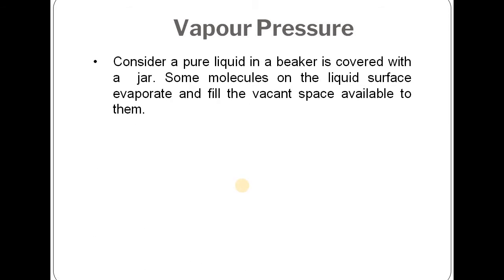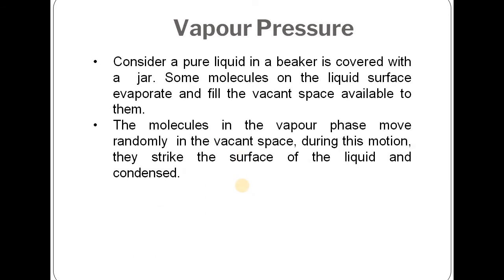Now next one is vapor pressure. What do we mean by vapor pressure of a liquid? For this, we can consider a beaker containing pure liquid covered with a jar. Now what you will observe, some molecules on the liquid surface are getting evaporated and fill the vacant space available to them.